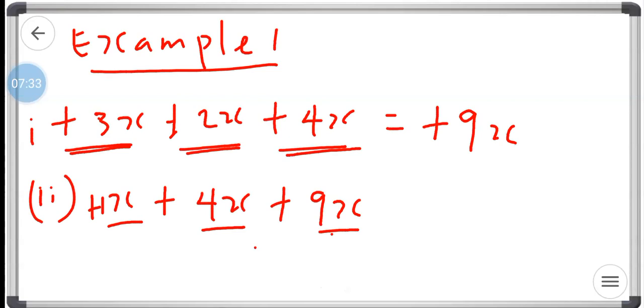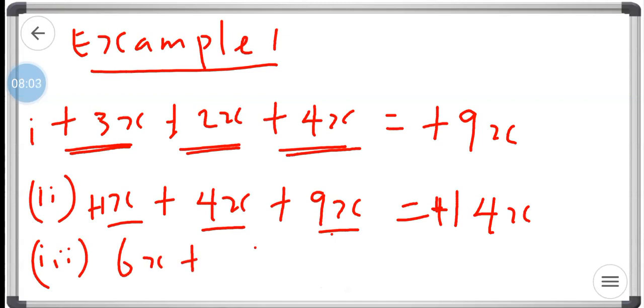So plus 1x plus 4x is plus 5x. Plus 5x plus 9x equals plus 14x. Let's take the next one quickly.